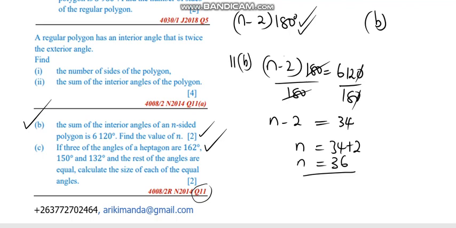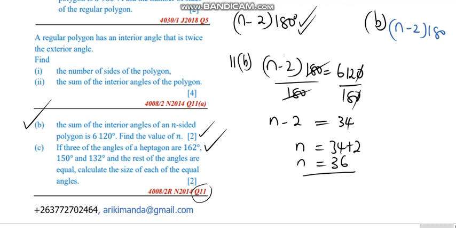So what we're going to do, first of all, we're going to find the total number or the summation of all interior angles of this heptagon, a 7-sided shape. We'll use the same formula, n minus 2 multiplied by 180, to calculate the total of all interior angles.